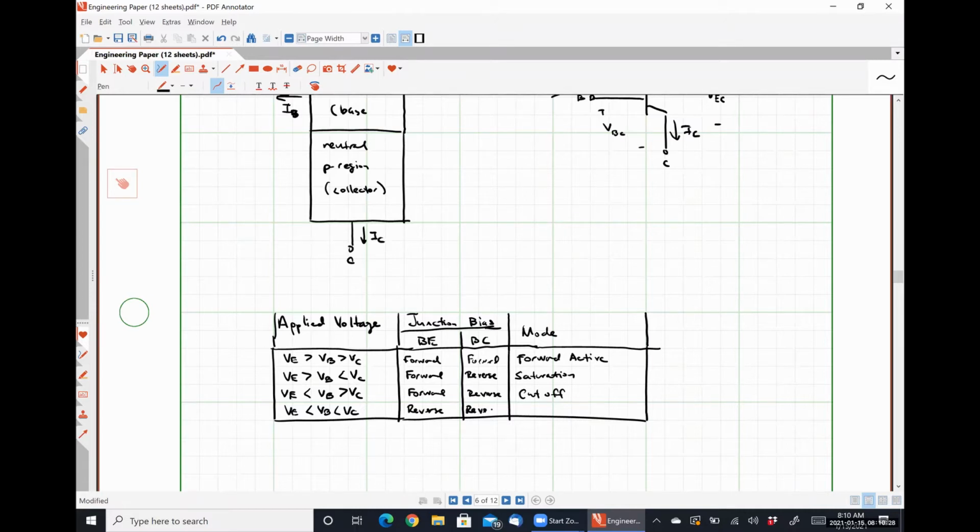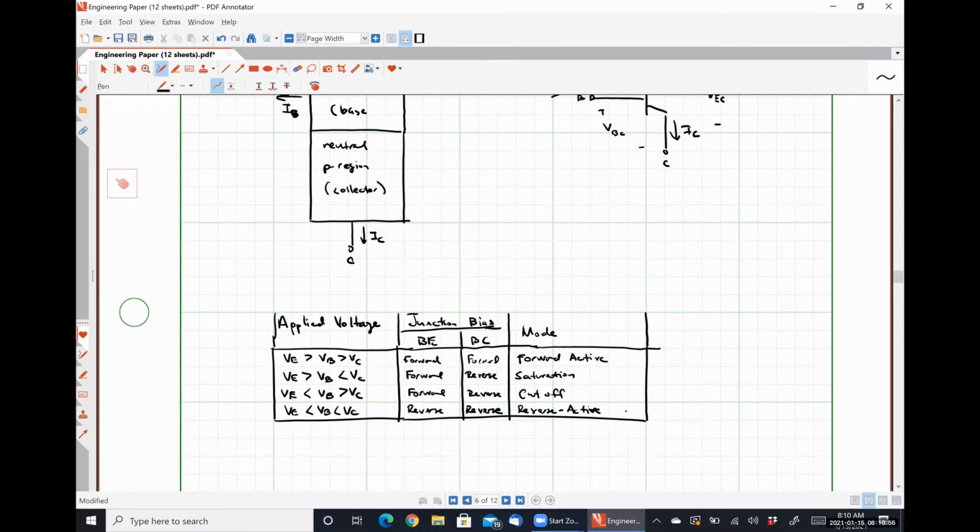I feel very strongly that I copied down some of these values for the position of the junction biases incorrectly. So I may come back to this and reverse active. There we go. And the reason why I say that is because for cutoff, both of them should be reverse bias because that means there's no current flowing through.